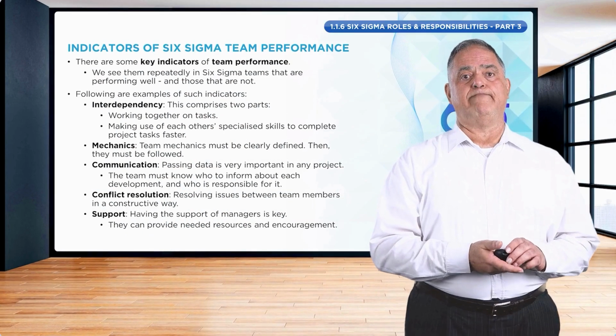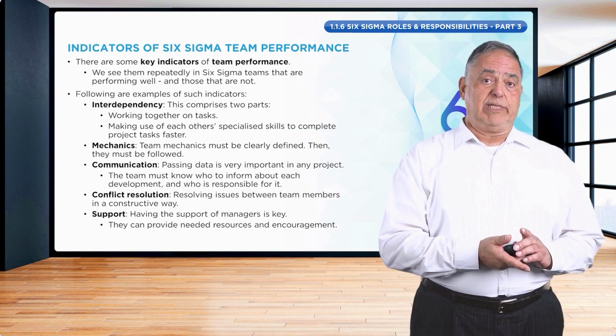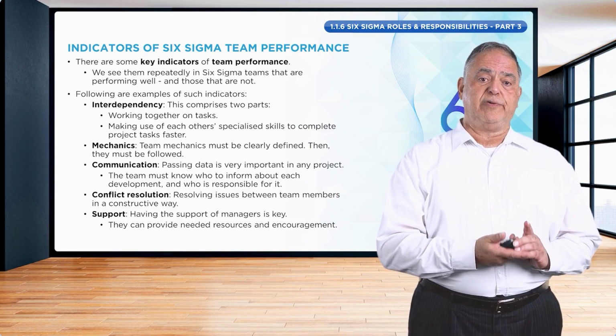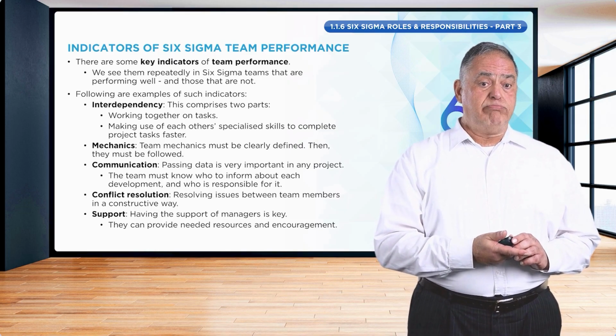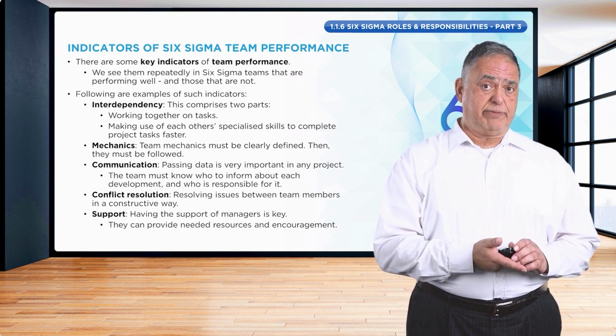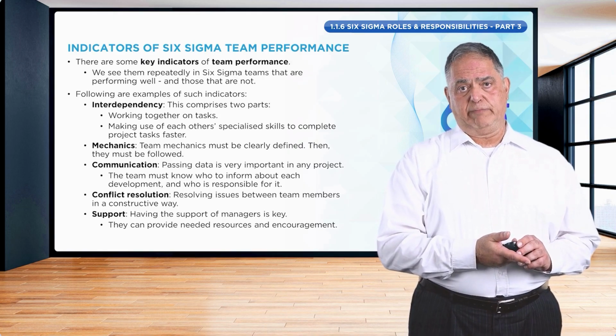So let's see what are some usual indicators of Six Sigma project team performance. So here are some examples. Interdependency between the team members.